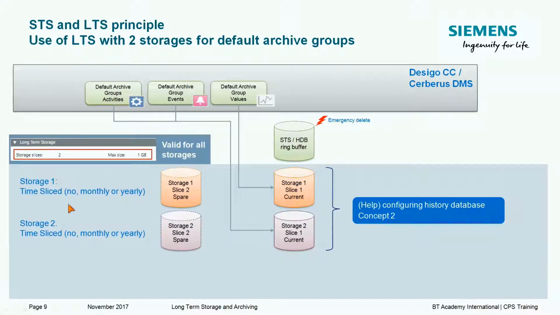I might not set any time slices here. No time slices means I'm filling up those slices, making sure that they are full. And here I'm expecting to have less volume. So here I could say, okay, I want to have at least monthly slices or yearly slices.